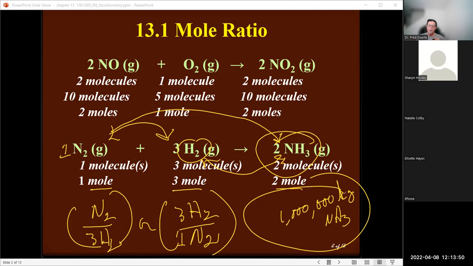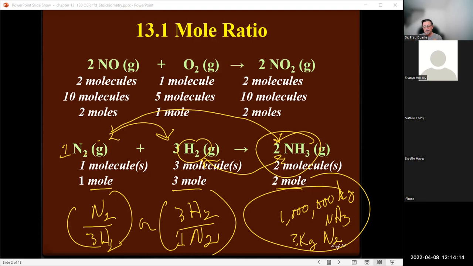I need to ask the question, if I need 1 million kilograms of ammonia, how many kilograms of nitrogen do I need? Okay. And I still use this relationship between nitrogen and ammonia. And we're going to have some examples of those calculations.